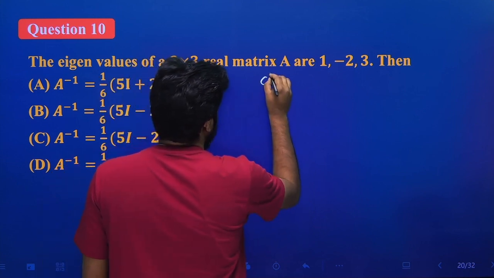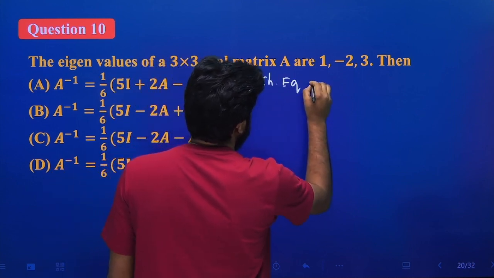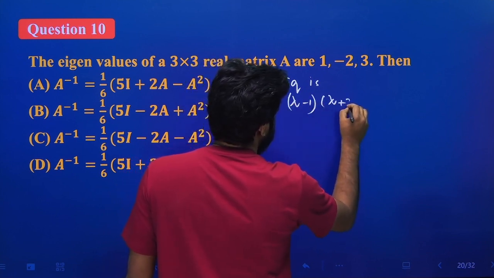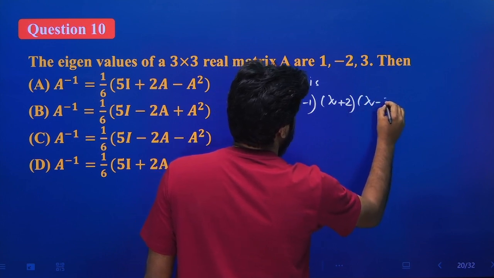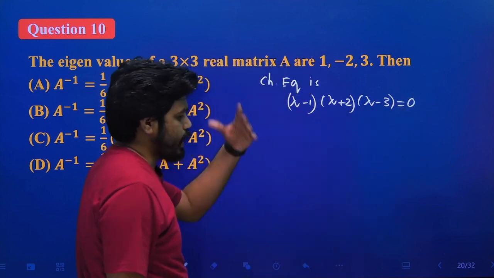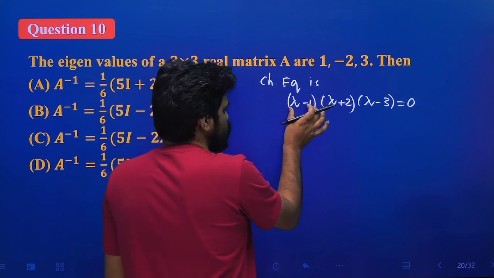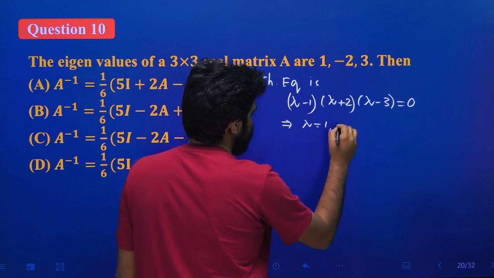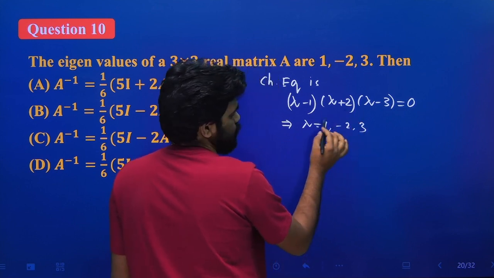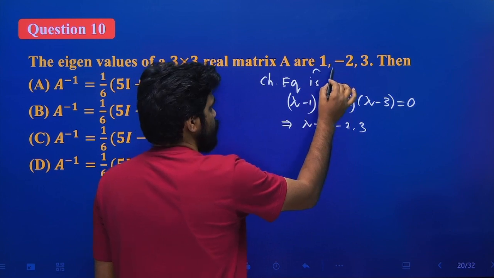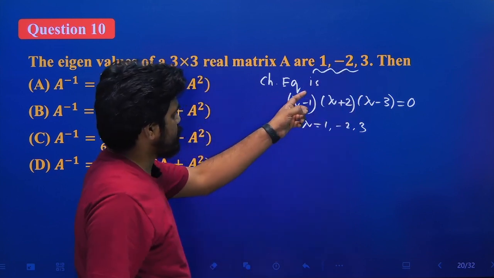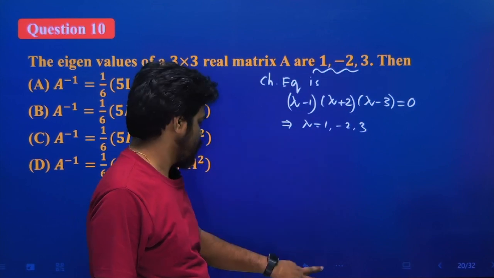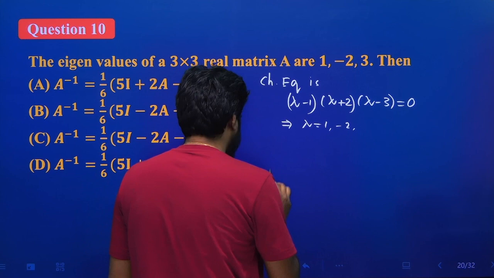The characteristic equation is lambda minus 1, lambda plus 2, lambda minus 3 is equal to 0. Check by back calculation. Lambda is equal to 1, minus 2, 3. So the given eigenvalues are 1, minus 2, 3, and in the characteristic equation we get lambda minus 1, lambda plus 2, lambda minus 3. Okay, so just multiply this.